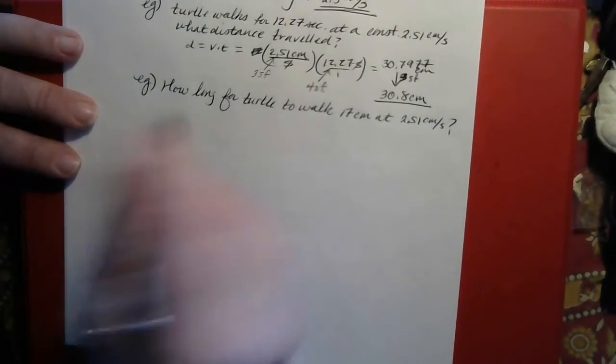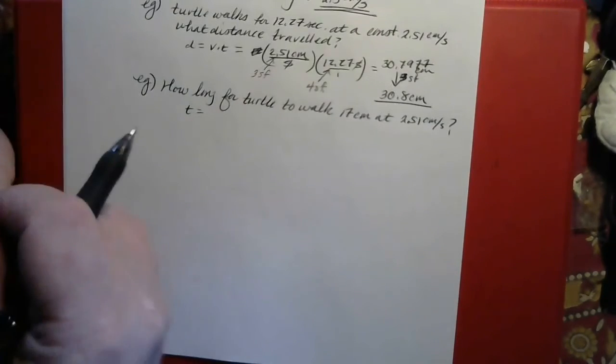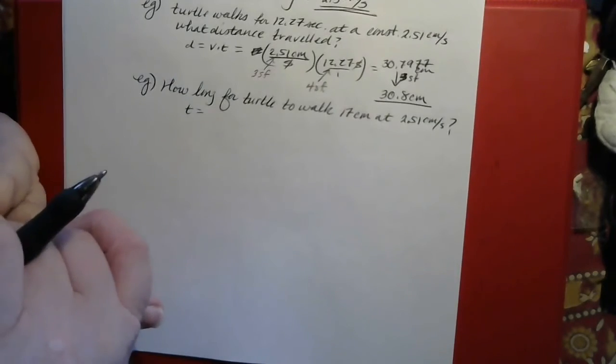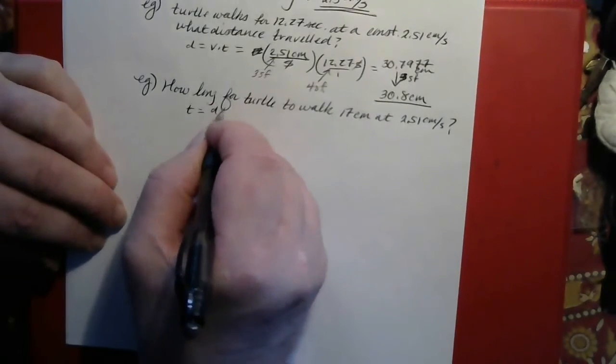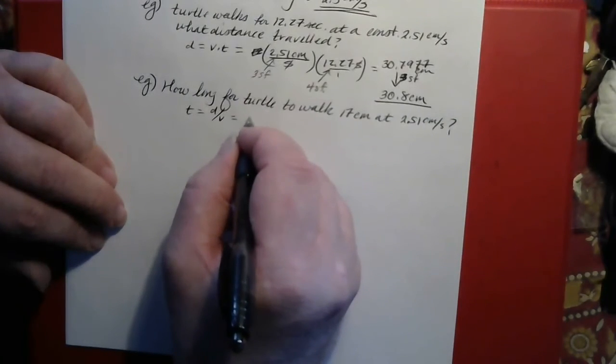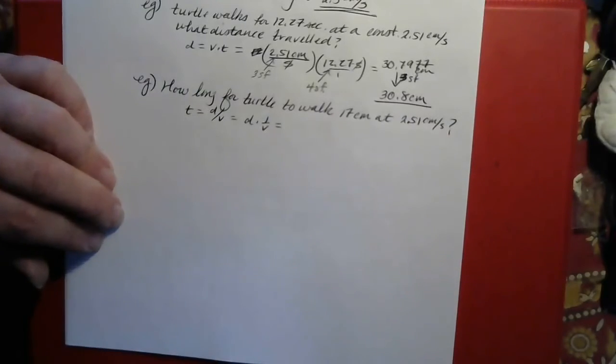Well, let's see. Time is equal to distance divided by velocity, or distance times 1 over velocity.